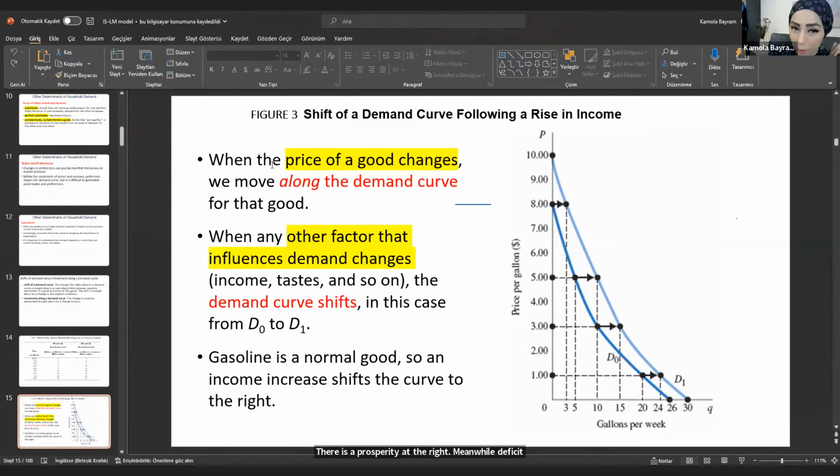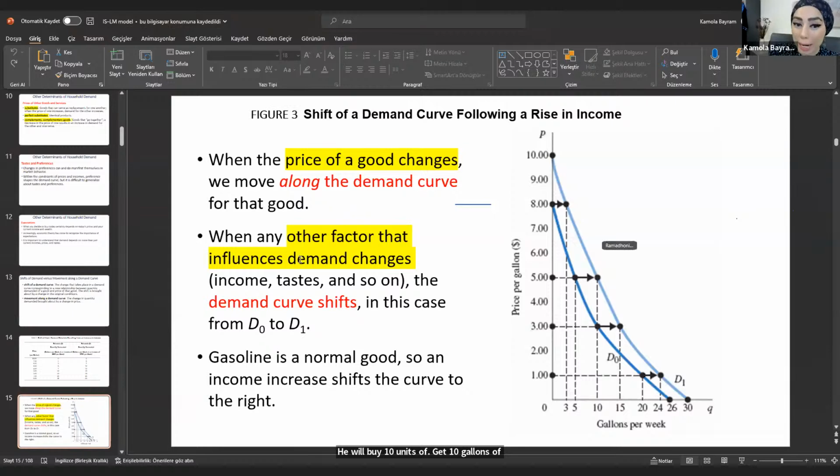Well, when the price of a good changes, we move along the demand curve, as we mentioned. Like he has 500 USD income, and if the price is 800 USD, he will buy nothing. But if the price is 5 USD, he will buy 10 gallons of gasoline, right? So we're just moving along the curve.